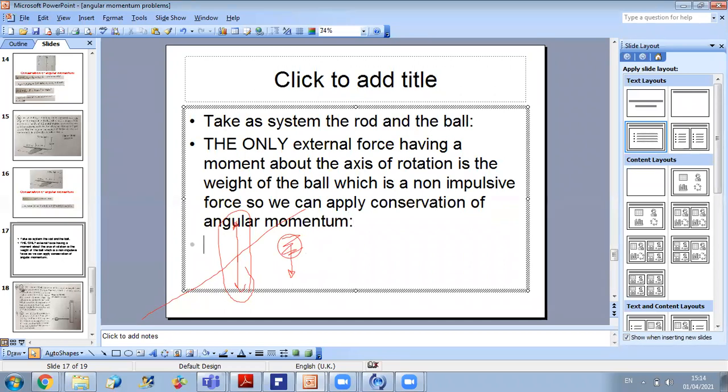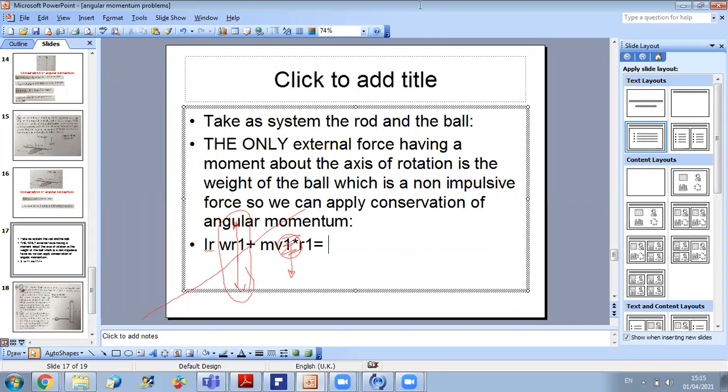Okay, so we will write that inertia of rod times omega rod at state 1 plus mass of the ball times velocity of the ball at state 1 times the distance to the center, times r1, equals, at the final state, what will be the angular momentum for the system?